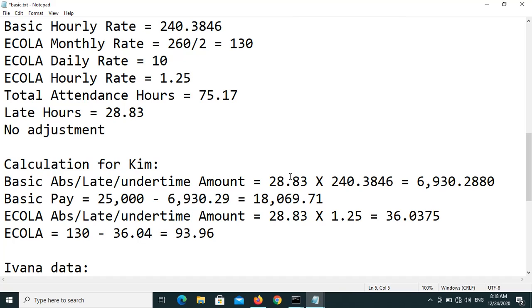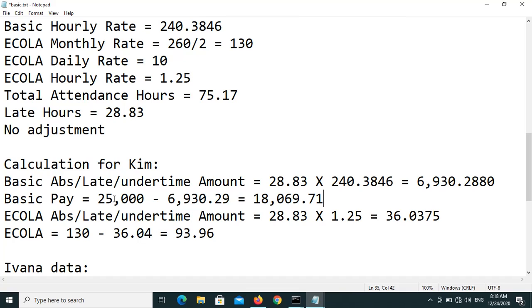So therefore, we will multiply 28.83 by hourly rate, which is 240.3846. So the amount is 6,930.2880.